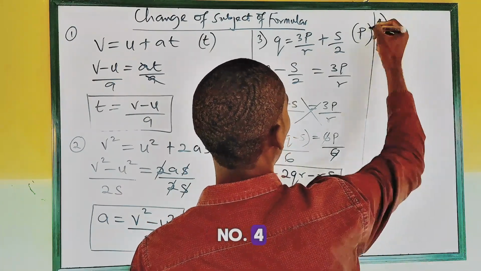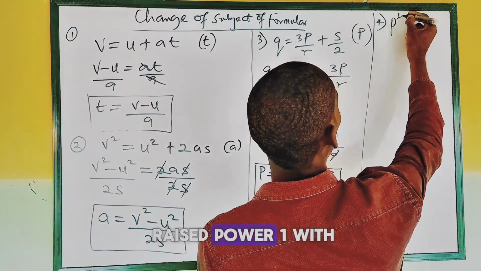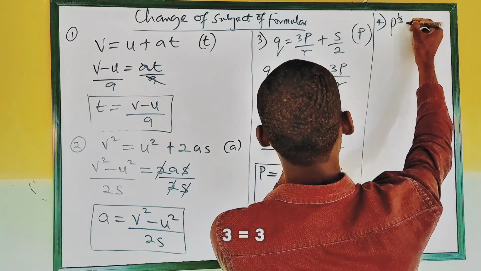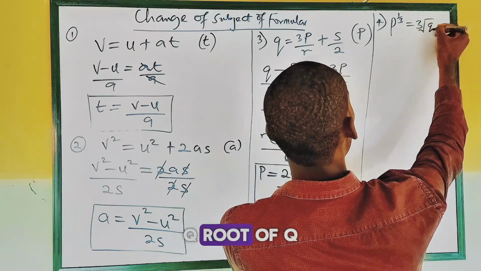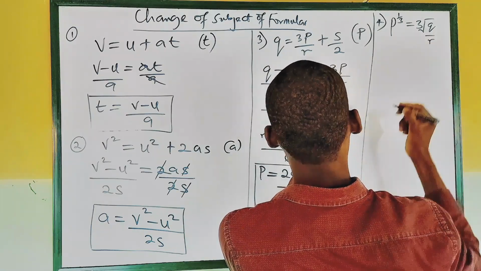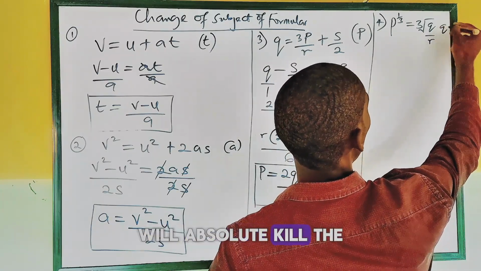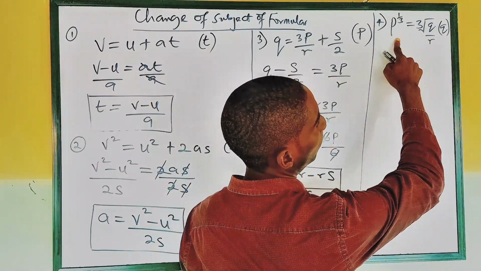Number 4. We have P raised to power 1 over 3 equals 3 cube root of Q over R. We're asked to make Q the subject of formula. How do we deal with this question?